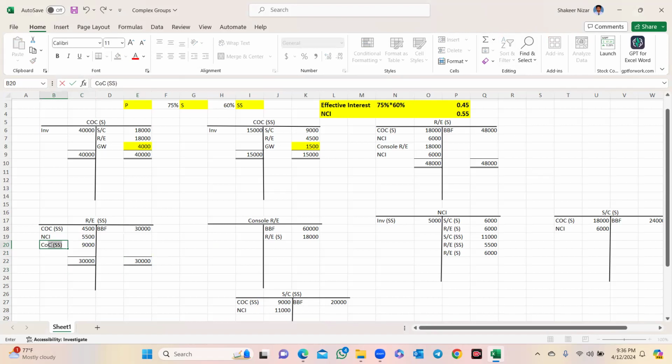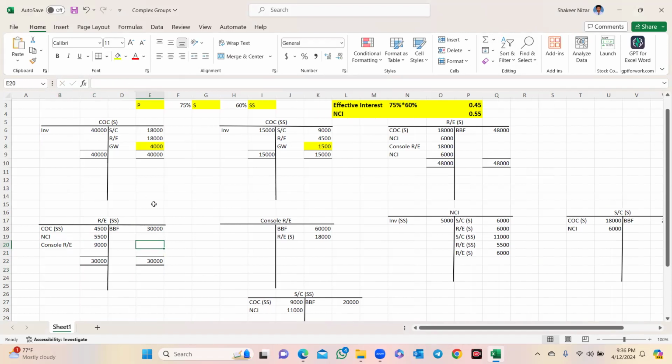It means consolidated retained earnings is 9,000. And the NCI is 11,000. For the NCI retained earnings of SS, it is 11,000, and consolidated retained earnings is 9,000. Retained earnings of SS.